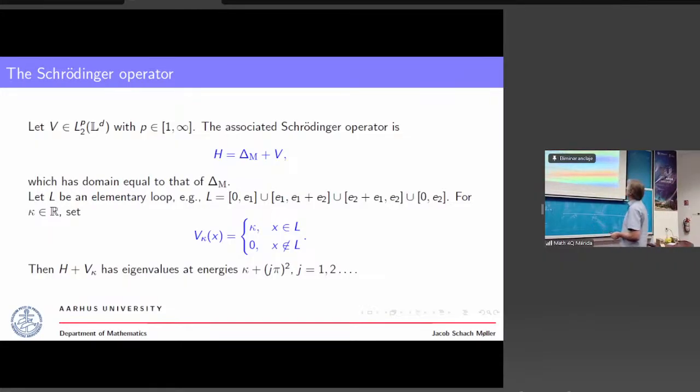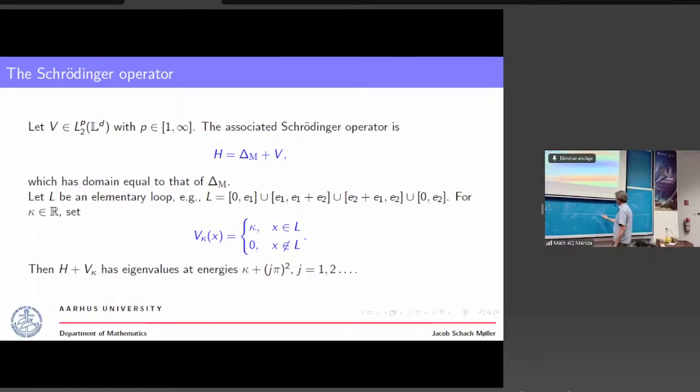Okay. Now suppose you choose a particular potential here, a potential that is only non-zero on an elementary loop like this. And on this loop, it takes some value kappa. Now, if you take the Dirichlet eigenfunctions constructed here, they will still be eigenfunctions of the perturbed operator, but you will be pushing the eigenvalue by kappa.